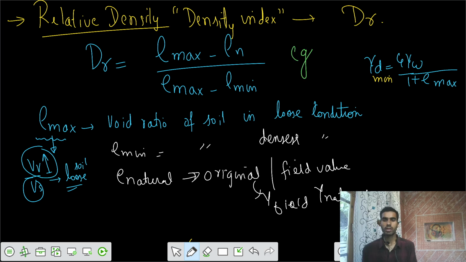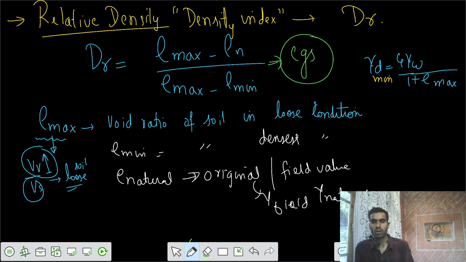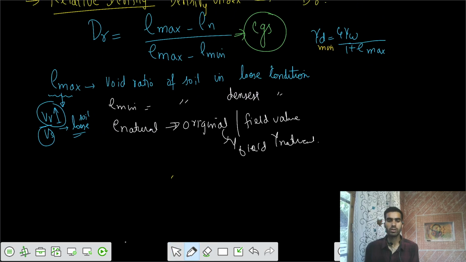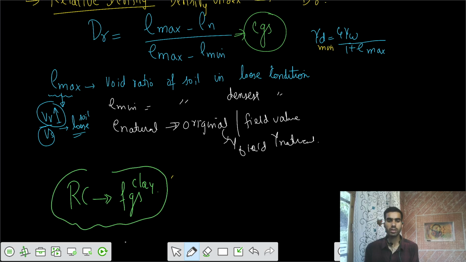Okay, so this ratio, relative density, we use for coarse grained soils. It is similar to the concept of relative consistency, which is used for fine grained soils like clay, and we are going to study that also.